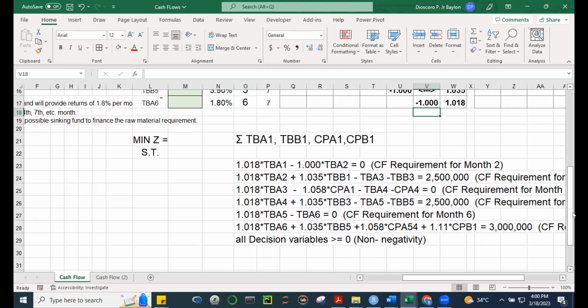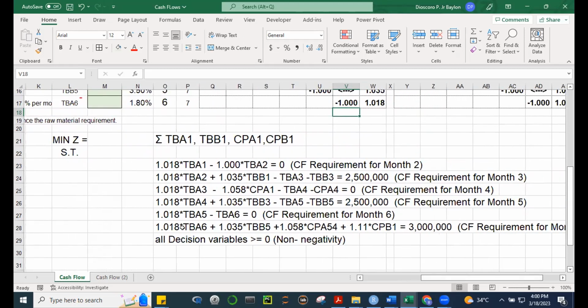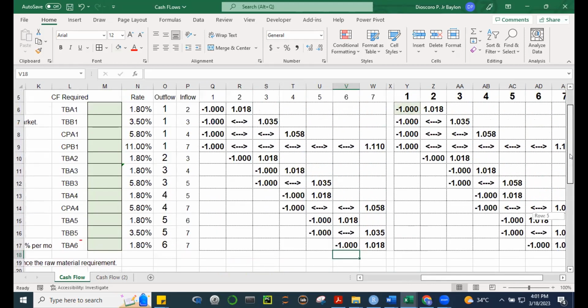All right, that's the story of this one. For the beginning of month 7, it will be all inflows, and all the inflows should be equal to 3 million. This addresses our cash flow requirements.